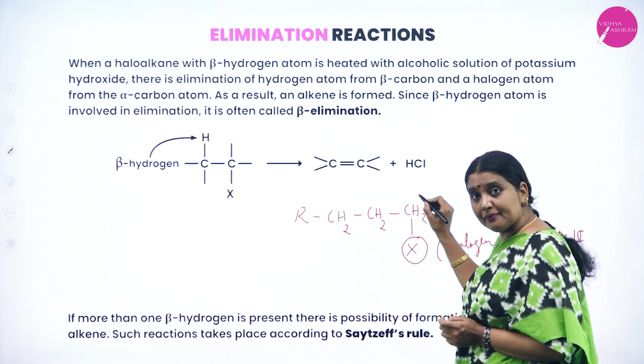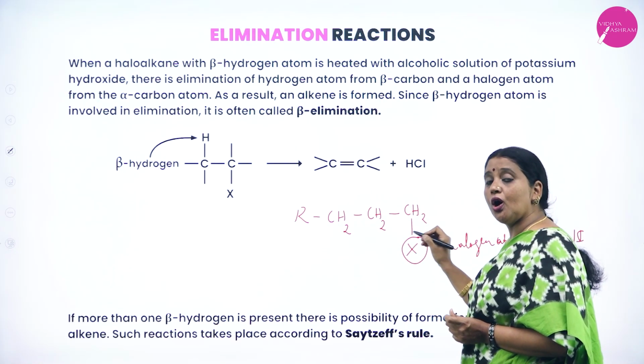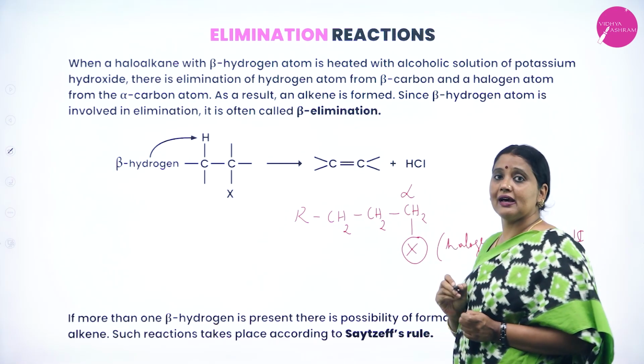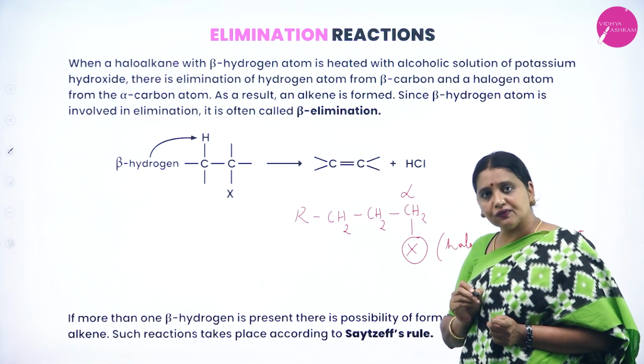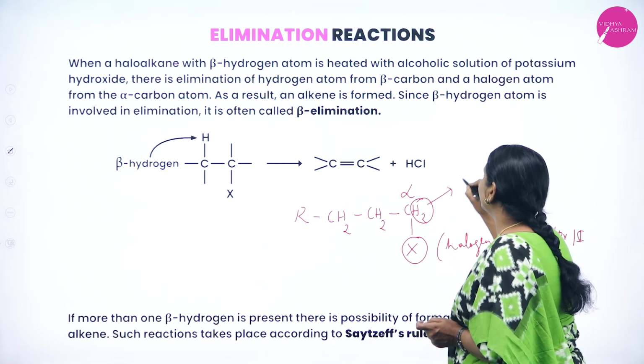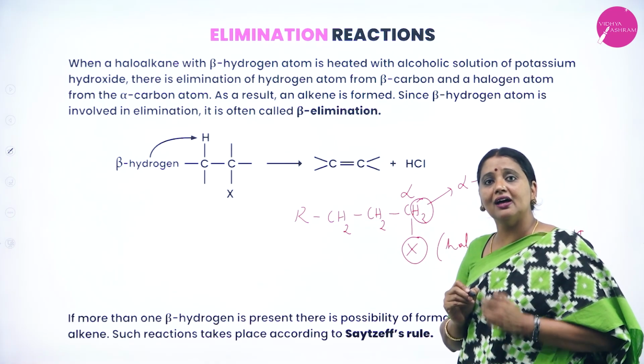The carbon atom to which the halogen atom or functional group is attached is called the alpha carbon. The hydrogen atoms which are attached to the alpha carbon are known as alpha hydrogen.